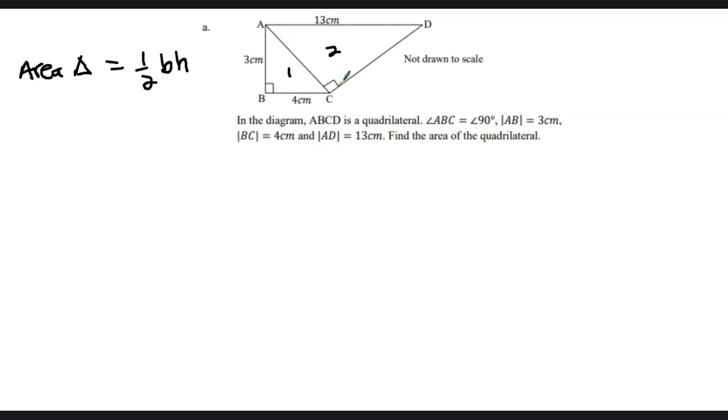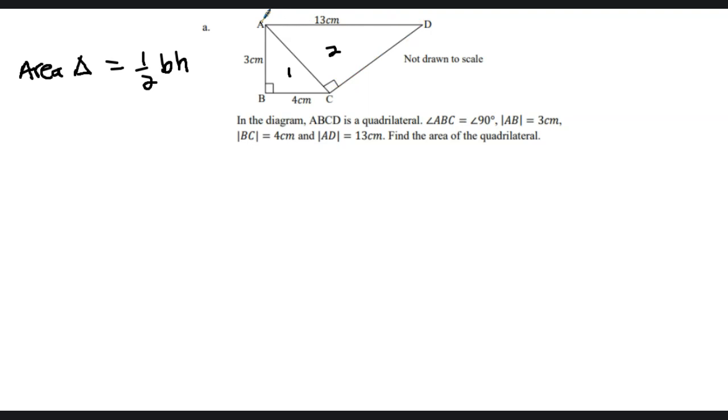Anytime you see this symbol here, this is 90. They didn't mention it, but that's the symbol of a perpendicular, which is a 90-degree angle. So there is a 90-degree angle at C. Therefore, for this one, we can apply the Pythagoras theorem to find our height and the base.